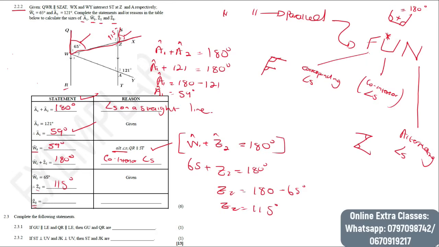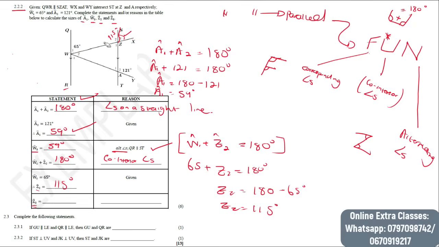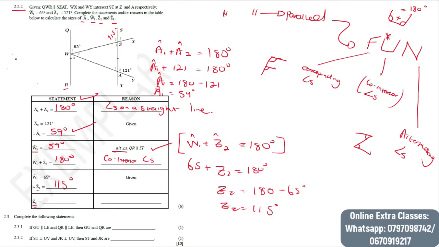And the reason for that is corresponding angles. Or if we don't want to use that method, let me show you. We can say that we have a straight line and angles on a straight line should add up to 180. So we can just say 180 minus 115 and it will give us 65 degrees. And the reason for that can be angles on a straight line.